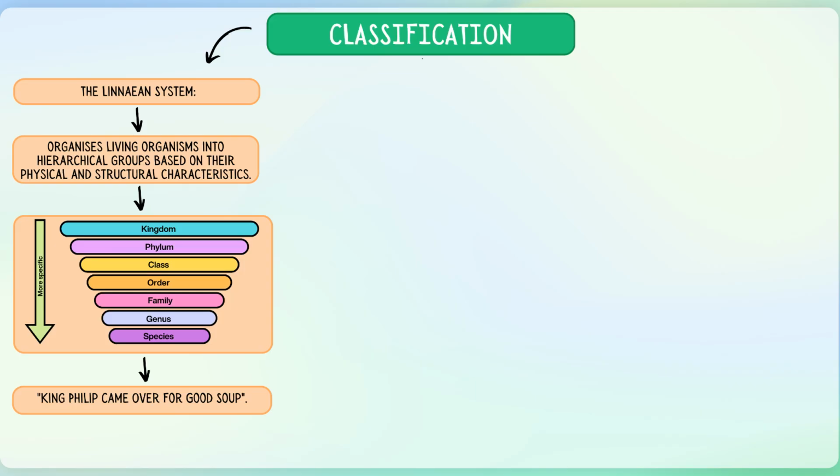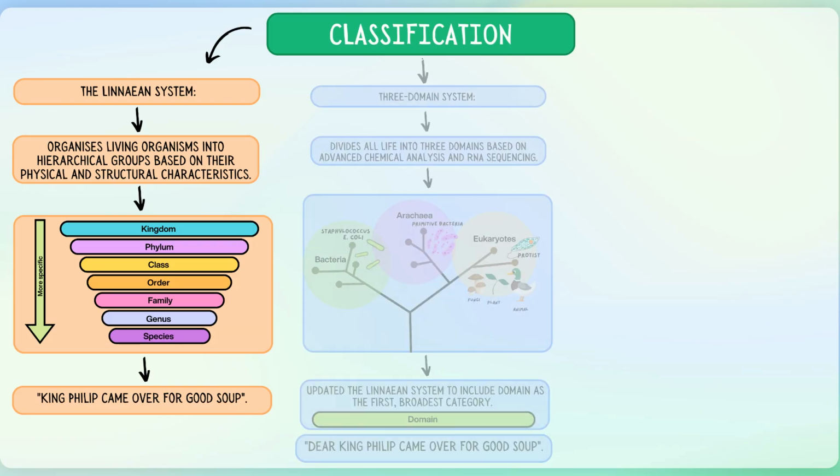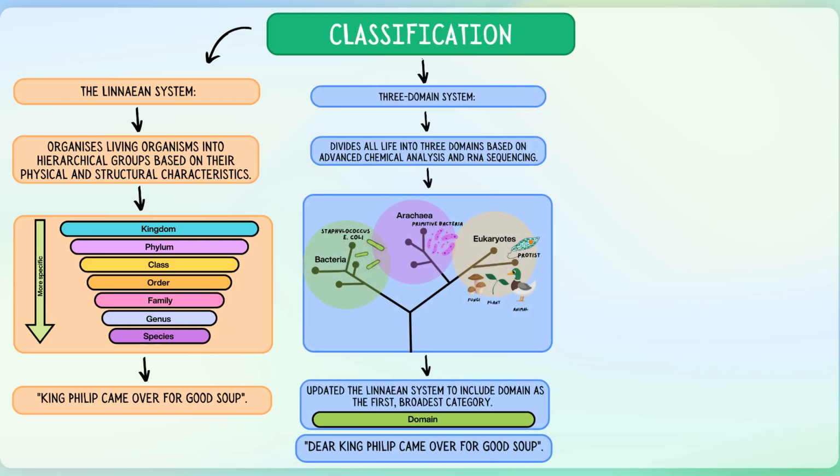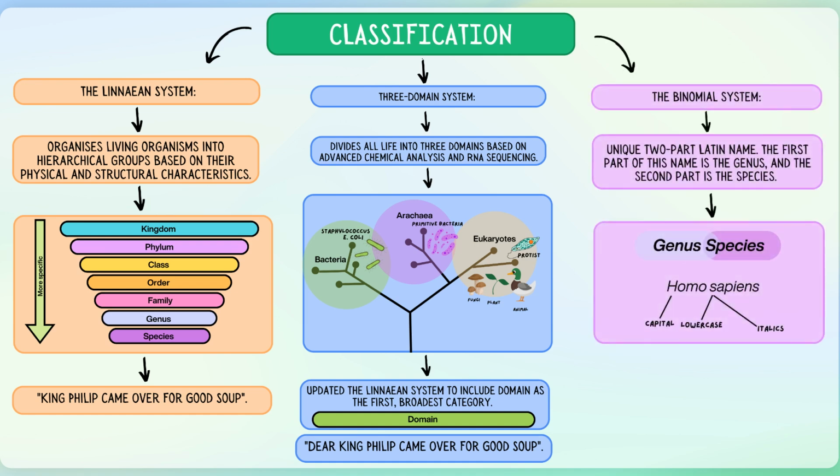We then discussed how modern biology, particularly genetics and molecular biology, has revolutionized classification. DNA sequencing now allows for more accurate classifications, sometimes leading to the reclassification of organisms based on genetic similarities rather than just physical traits, as seen in the three-domain system which updated the Linnaean system. We also looked at how the binomial system provides a systematic way of naming species. This lesson provides a foundation for understanding the evolution of biological taxonomy and the ongoing efforts to map the tree of life with greater precision.